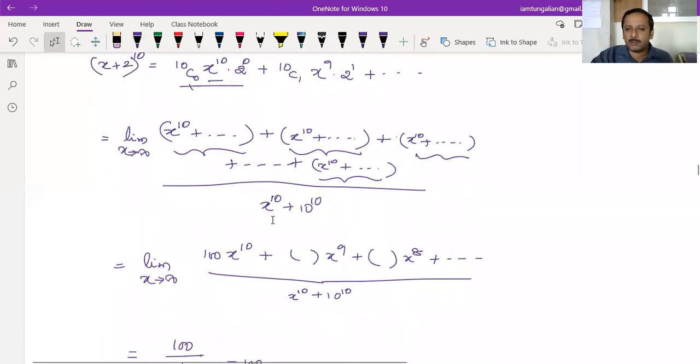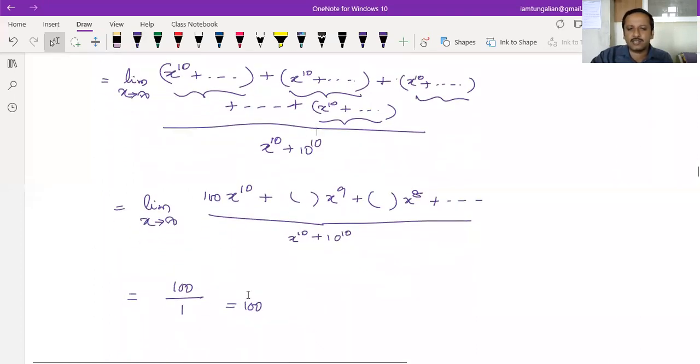Now both are polynomials of the same degree, x power 10. Hence, when x tends to infinity, the value of this expression is equal to the coefficient of highest power of x in the numerator divided by the coefficient of highest power of x in the denominator. So here it is 100, here it is 1. So the answer is 100 by 1.